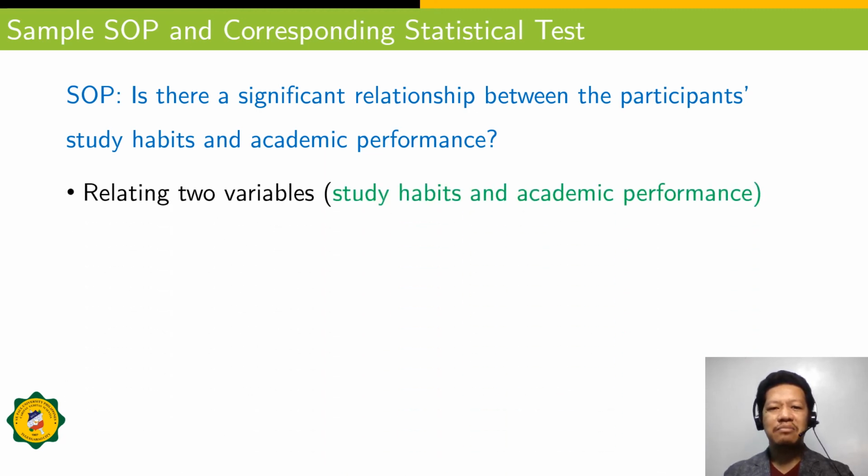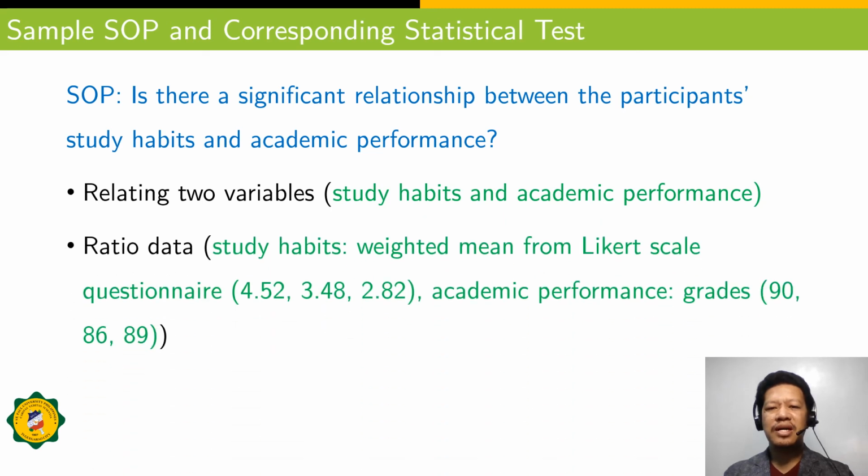For study habits, let's say you want to collect the data through a Likert scale questionnaire wherein it gives you weighted means like 4.52, 3.48, and for the academic performance, you want to gather data about the grades of the participants like 90, 86, and 89. And these data are in ratio level. Therefore, if data are in ratio level and you want to correlate or relate these two variables, we need to use Pearson R.